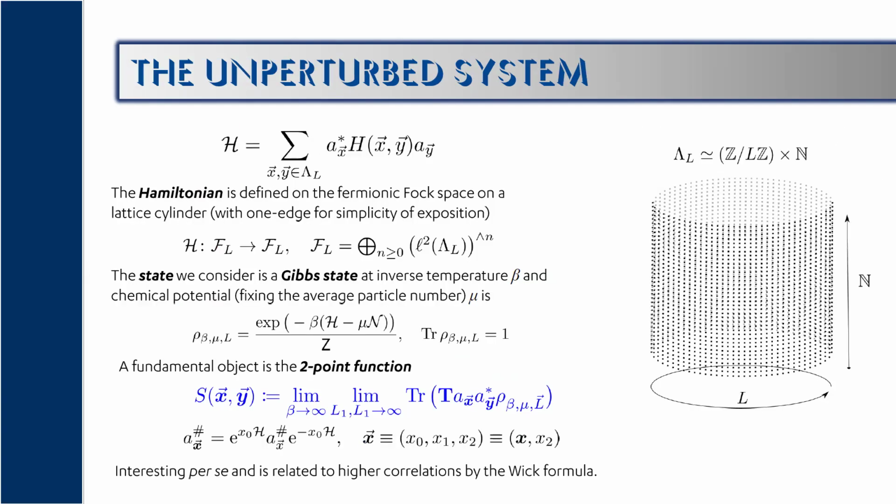And I just want to say now that one of the fundamental objects to study are the correlation functions. And we focus in this talk only on the two-point function, but it also is not a limitation, because our model is quadratic, so all higher correlations are obtained in terms of the two-point function through this formula.